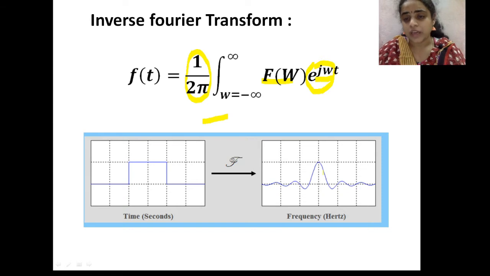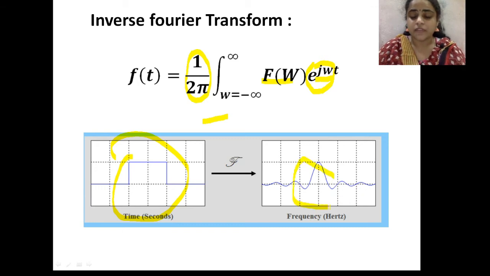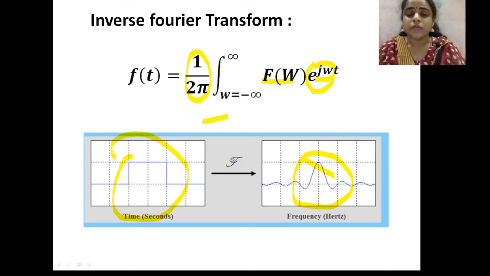Capital F of omega is equal to sin omega by omega. This is the example for Fourier transform. If a rectangular pulse is there in time domain, then in frequency domain it can be viewed as a sinc pulse. For different signals, different Fourier transforms will be there.